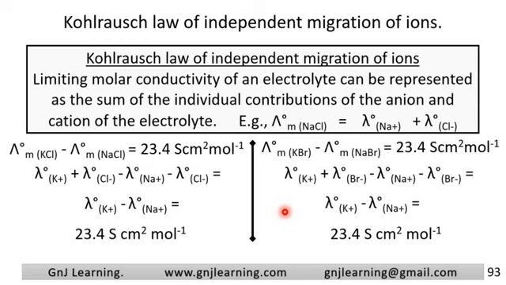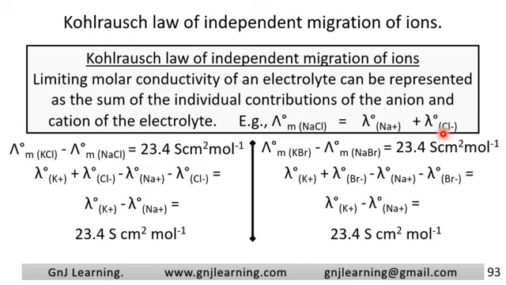Thus he concluded and put out a law called Kohlrausch's law of independent migration of ions, which means that the limiting molar conductivity of an electrolyte, for example KCl, can be represented as a sum of individual contributions of cation and anion. Its lambda m0 is due to its ions' lambda 0, that is K plus and Cl minus. Similar is the case with NaCl: its lambda m0 is due to lambda 0 of Na plus and lambda 0 of Cl minus.